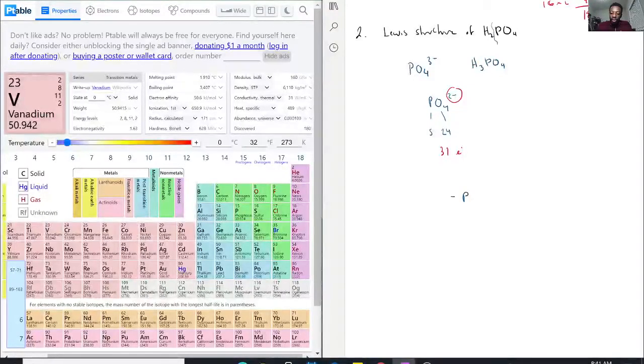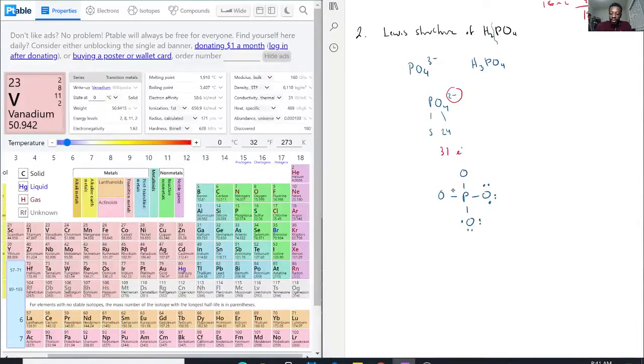So we have 1, 2, 3, 4 bonds so far. And that would be oxygen, oxygen, oxygen, oxygen. Okay. So let's start with the oxygens. Oxygen right now is sharing 1 of its 6 electrons. So 2, 3, 4, 5, 6.